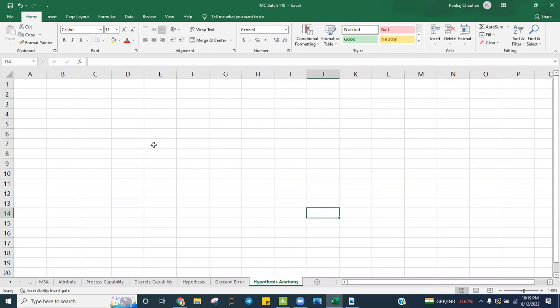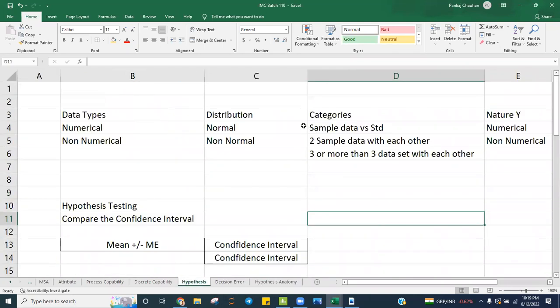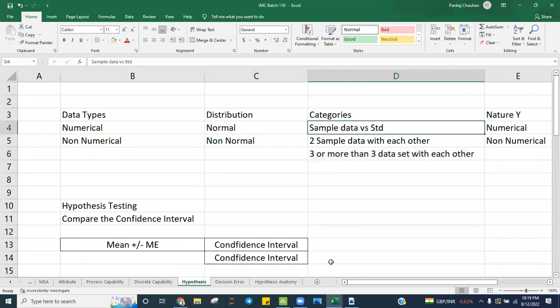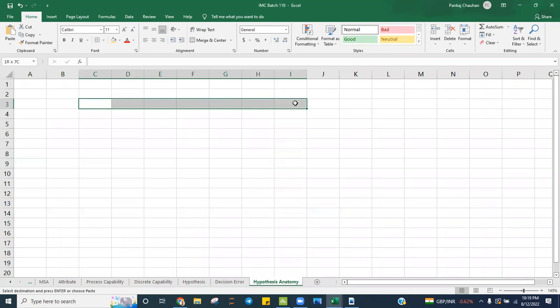So first, as I was telling, in hypothesis you have three conditions: sample with the standard, two samples with each other, or three or more samples with each other. Let's say you want to compare sample data with the standard data. So you have the sample data with some target or standard value.